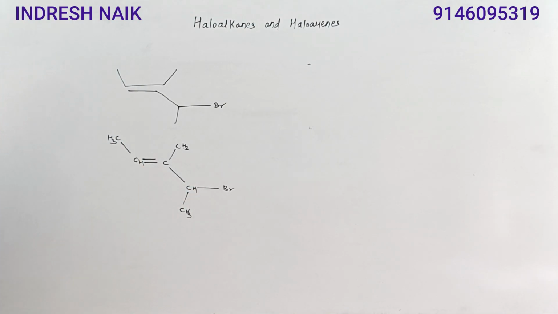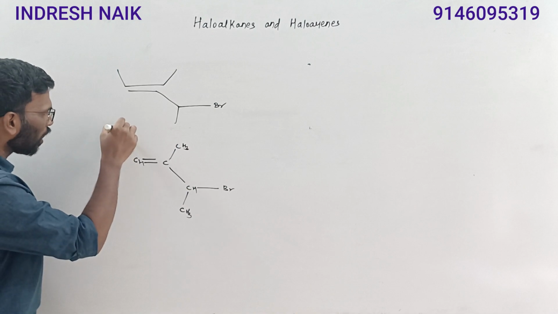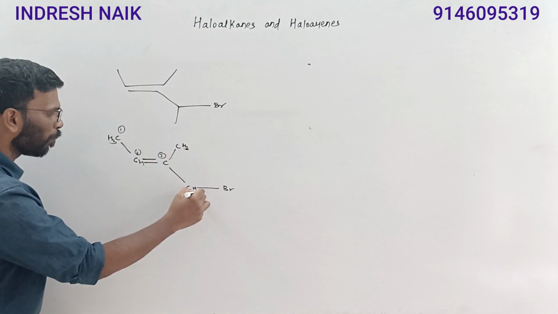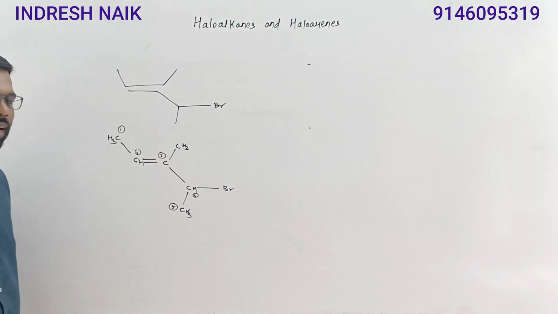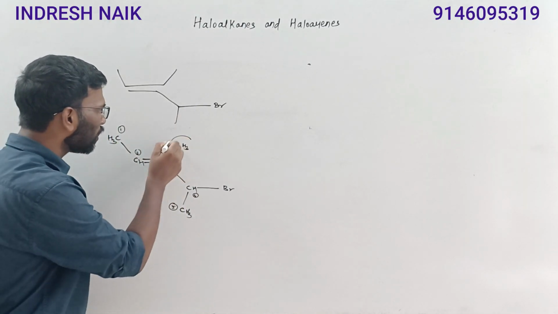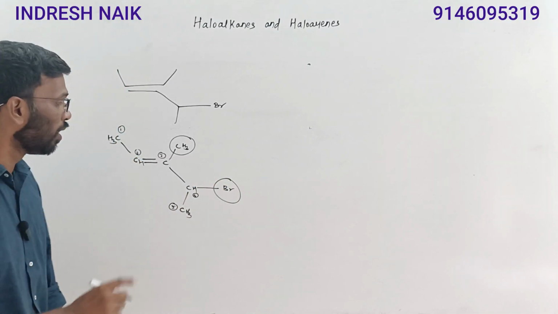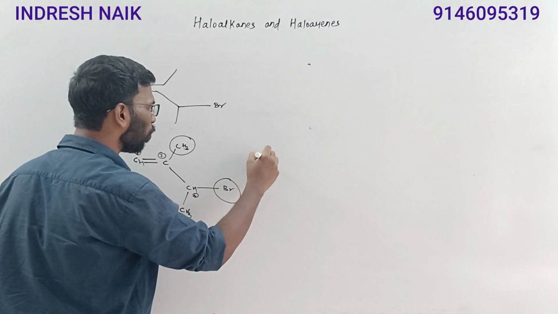Now you see the longest chain in this case. The longest chain is this. This is carbon 1, this is carbon 2, this is carbon 3, carbon 4 and carbon 5. Why did I start numbering from here? So that the double bond gets the lowest number. So these are the 2 substituents. One is at the 4th position and one is at the 3rd position. The bromo comes first in alphabetical order, so the name will be 4 bromo.